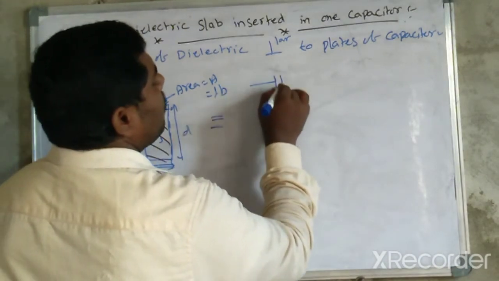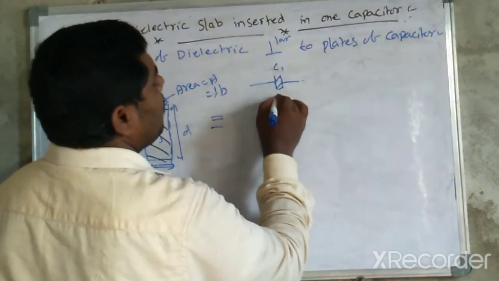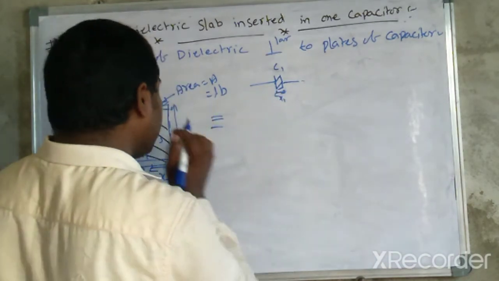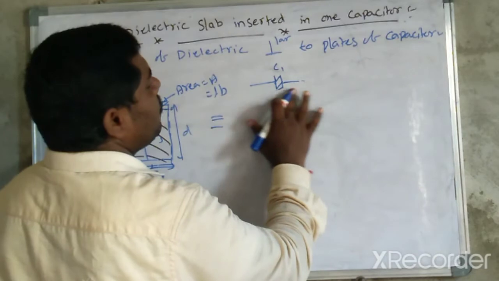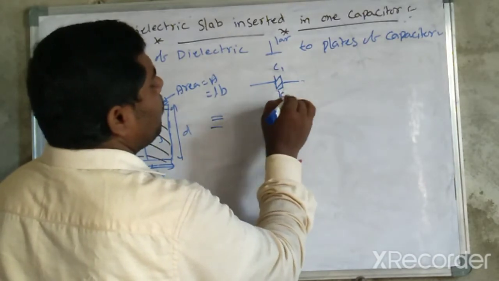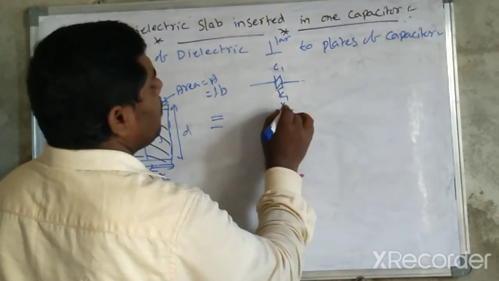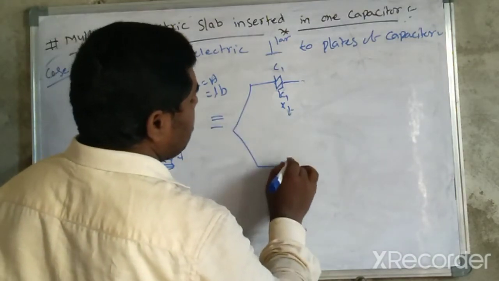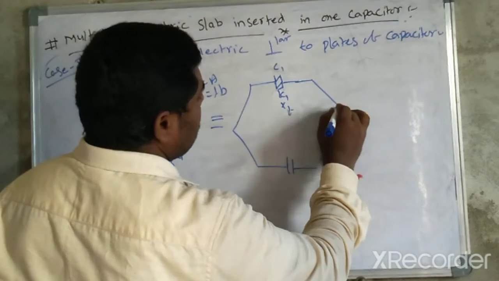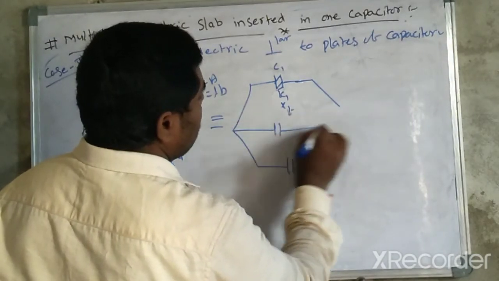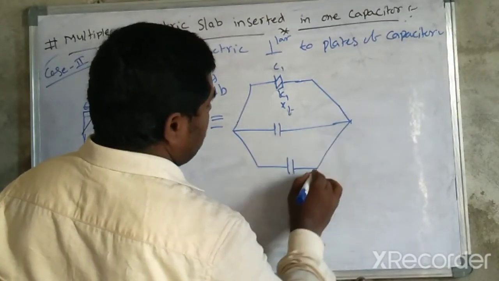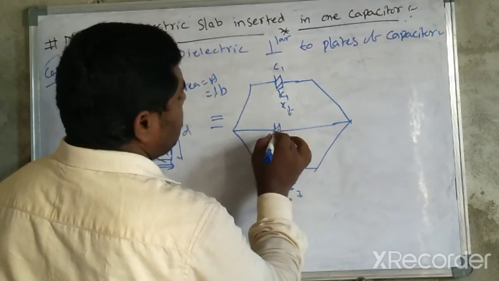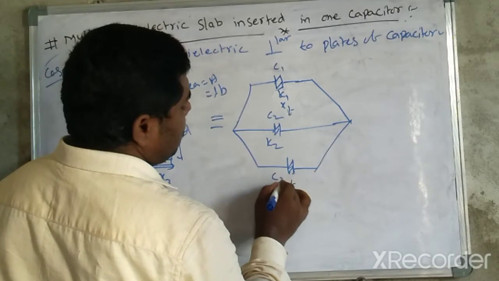This first capacitor is C1 with K1 and x1, then C2 and C3 with K2 and K3.